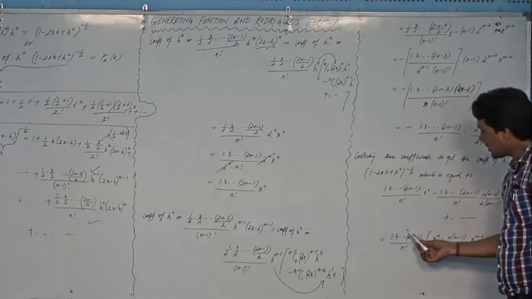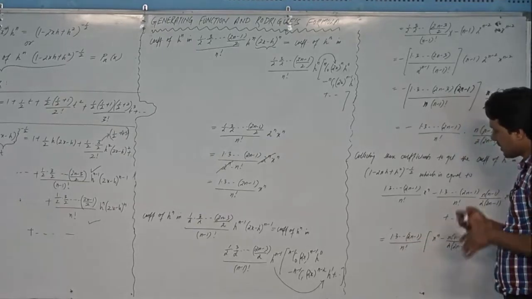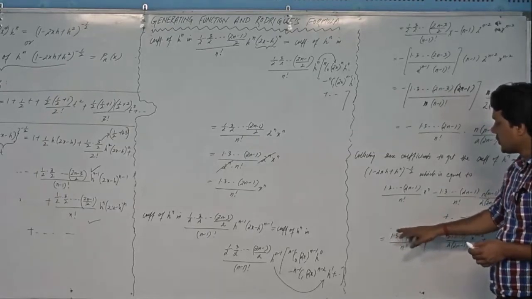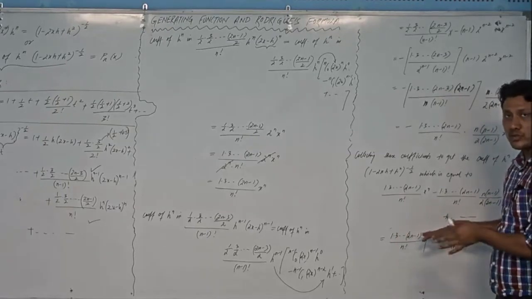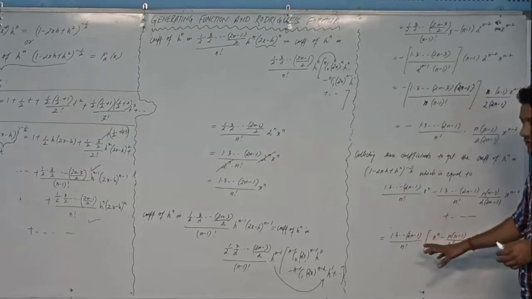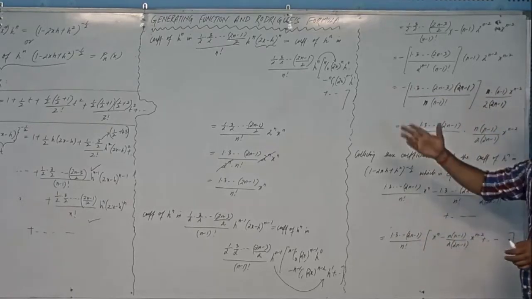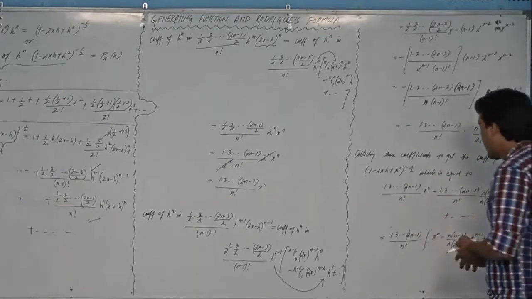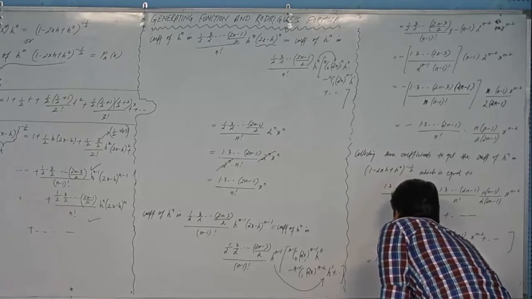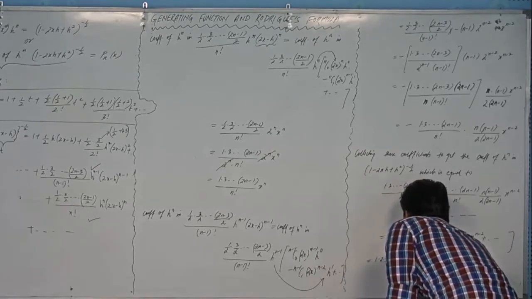And now you can see this coefficient. We can again manipulate it, right? You can see that there are only odd numbers, 1, 3, and so on. The even numbers 2, 4, 6 up to 2n are missing, so I have to balance it. I will multiply with 2, 4, 6 and so on, and divide by it also. So that will become 1, 2, 3, 4, up to 2n minus 1 and 2n.